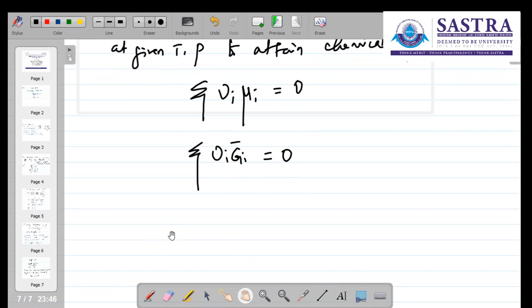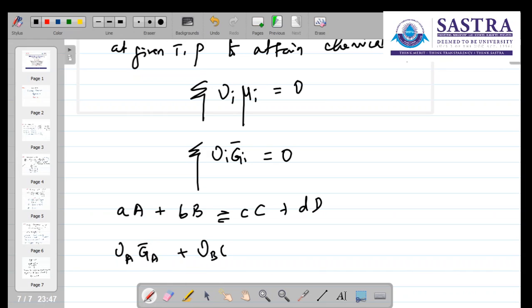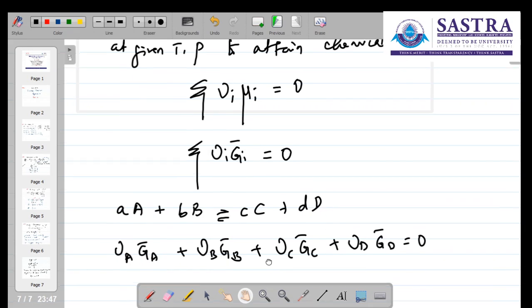If you expand this, for a reaction like A plus B reversibly going to C plus D, this amounts to nu_A G_A bar plus nu_B G_B bar plus nu_C G_C bar plus nu_D G_D bar. This summation should be equal to 0.